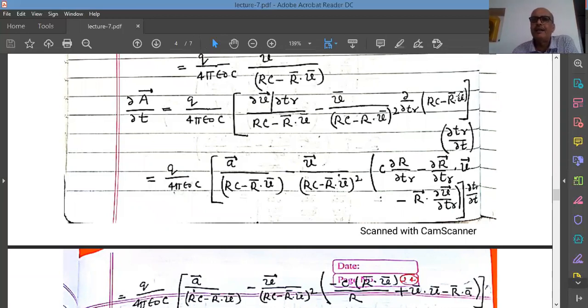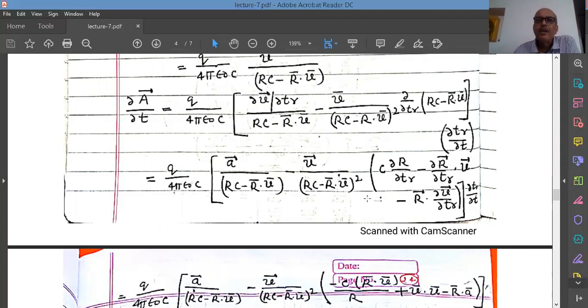We have to maintain the order. Even if we don't maintain the order, since the dot product A dot B is B dot A, that will hardly make any change. So C into del R over del TR minus differentiation of first is del R over del TR, B as it is, and the second term, the first term as it is, and differentiation of second term is del B over del TR.